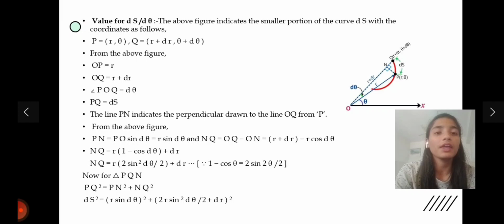Now from triangle PQN, PQ square is equal to PN square plus NQ square. ds square is equal to r sin d theta whole square plus 2 r sin square d theta by 2 plus dr whole square.